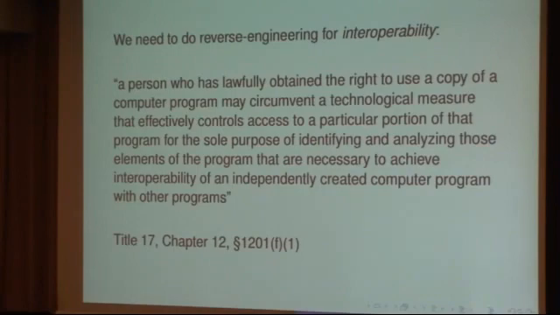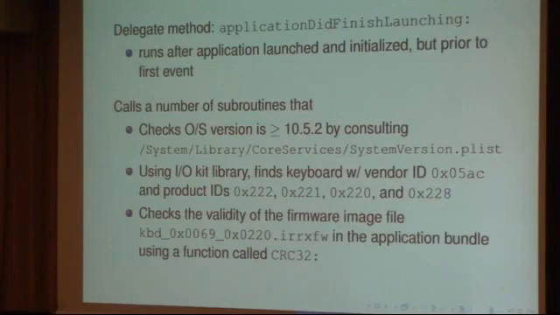So what I've done is I've created a Trojan for Apple's keyboard. And in order to make sure that this Trojan is interoperable with Apple's keyboard, I need to do reverse engineering. So there's no DMCA violation here. Okay. All right, so now we're going to step into reverse engineering.